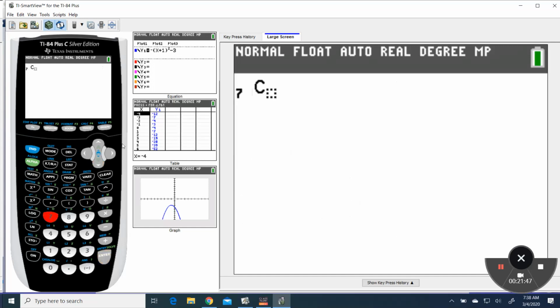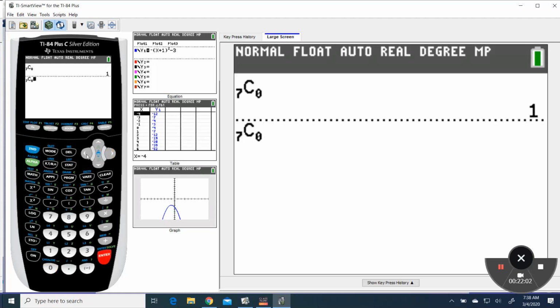I'm going to put a 7 in the first one because that's the row, that was the power. And if I go 0, it's going to give me 1. Second, enter brings that up again. I can just go back and change that to a 1. And that gives me 7.